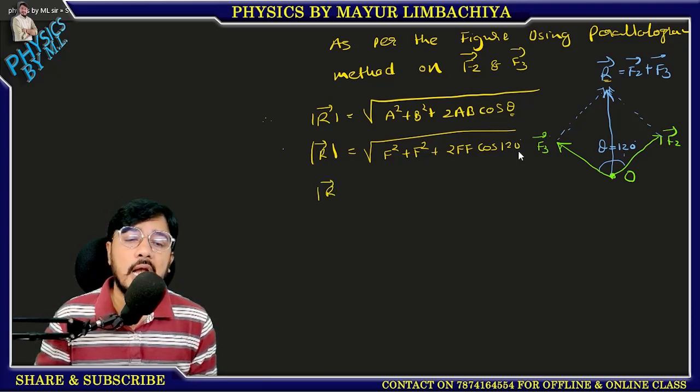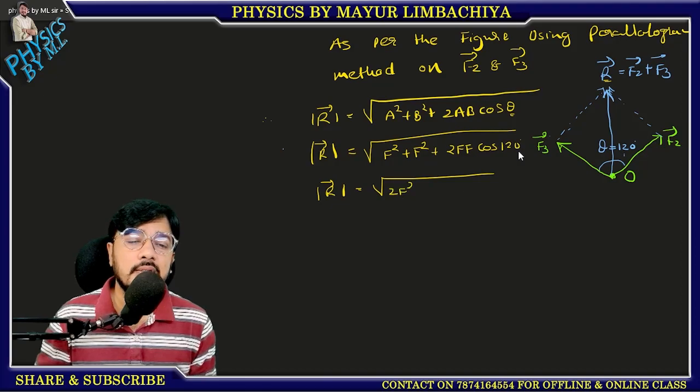So R is equal to under root of 2f square plus 2f square times minus 1 by 2. This becomes 2f square minus f square.